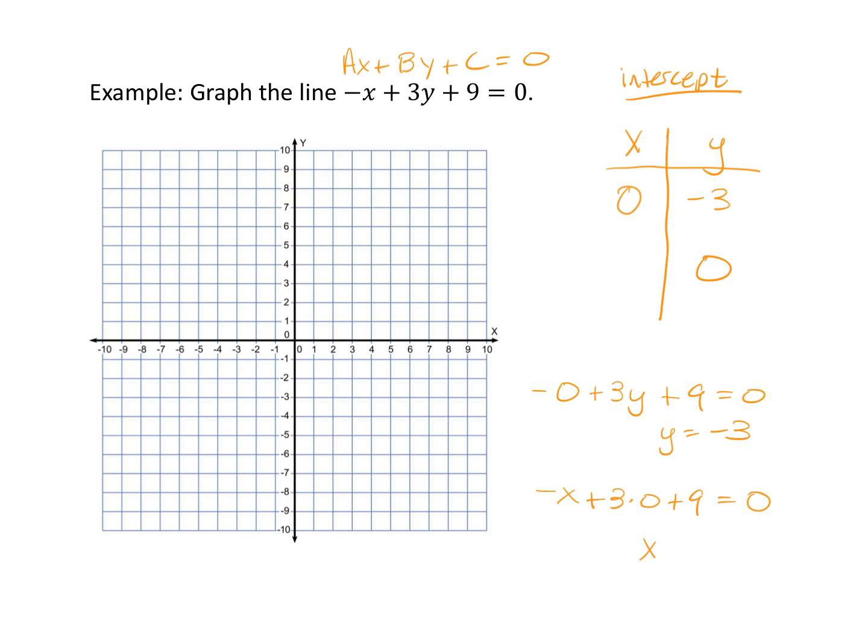And when you solve this for x, you get 9. So these are the intercepts that we found. 0, -3 is the y-intercept, and 9, 0 is the x-intercept. Just 2 points determine a line, so I can just connect these with a straight line, and I've got it.